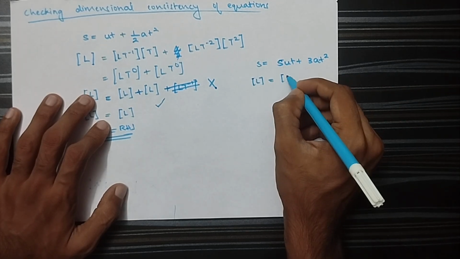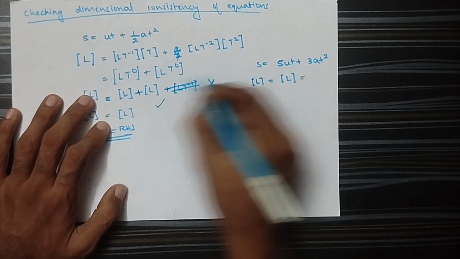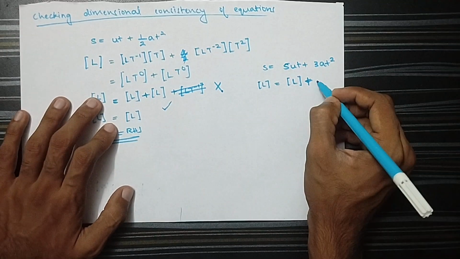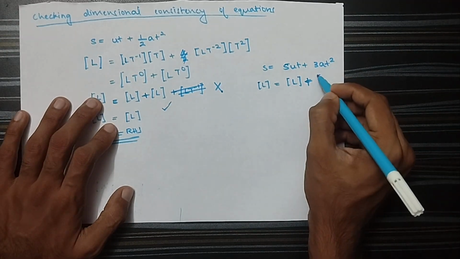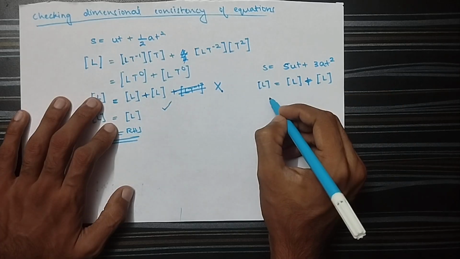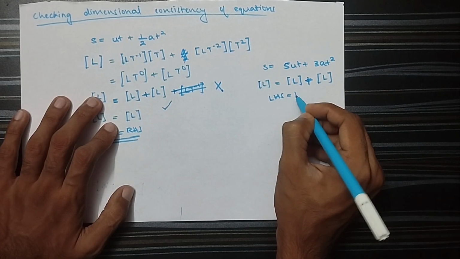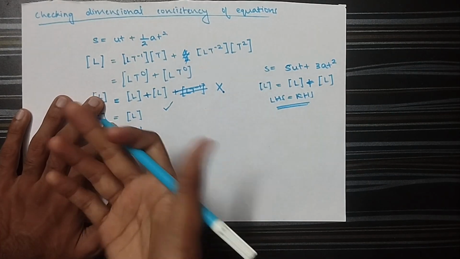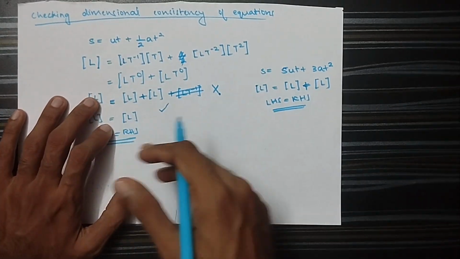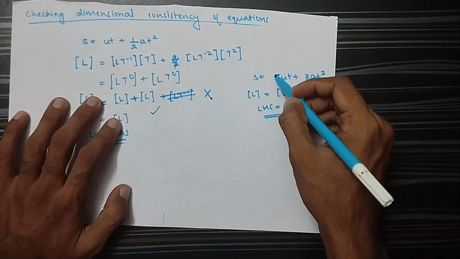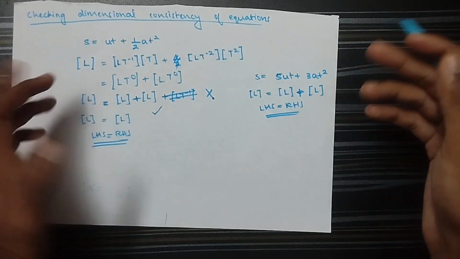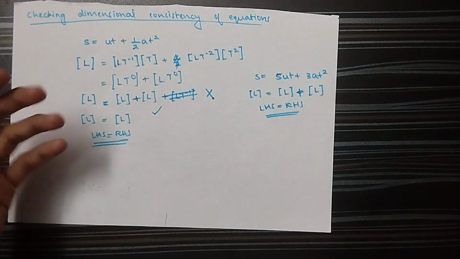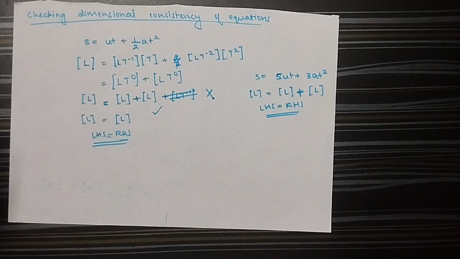If we solve this, ut is L itself. 3 is a dimensionless constant, and at square solves to L. Here also we got LHS equal to RHS. But does that mean that this equation is correct? No, we just made that equation up this instant. So even though this equation is dimensionally correct, it is still an incorrect equation.